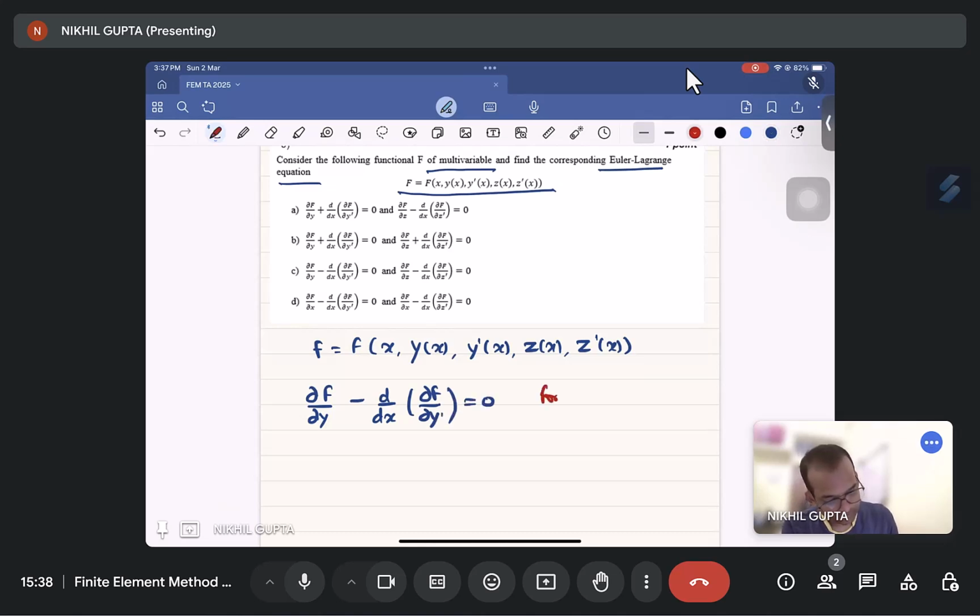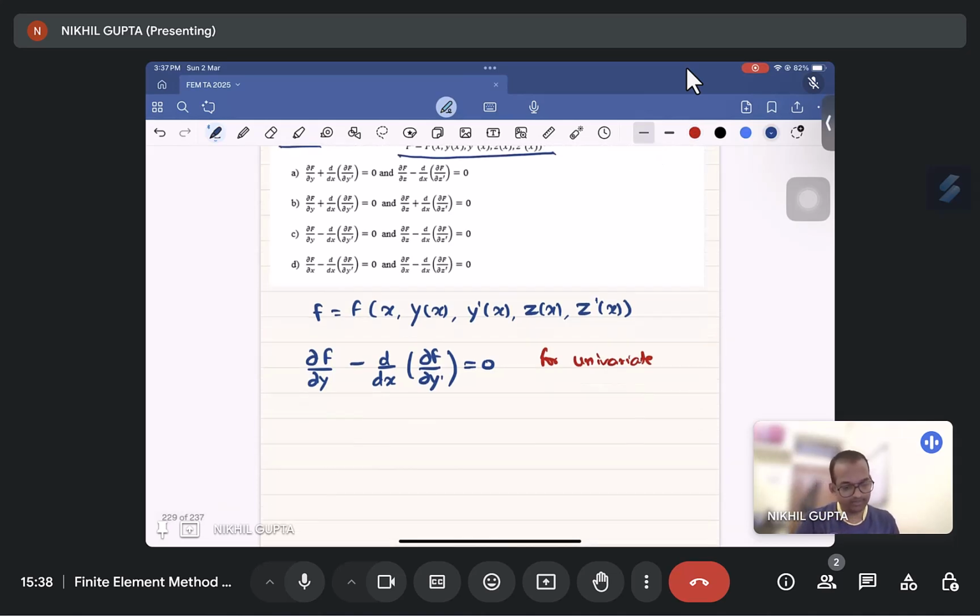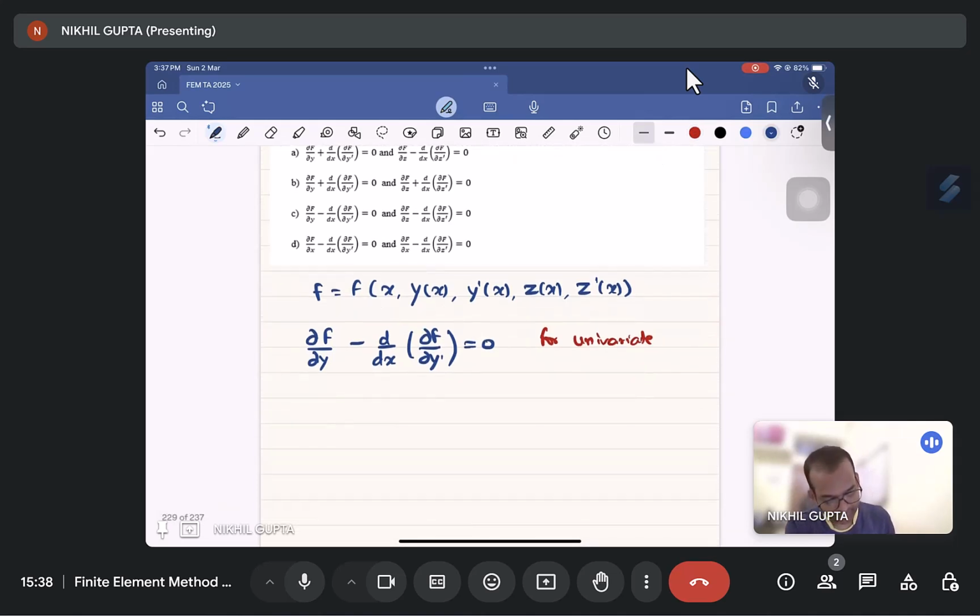Now as the number of dependent terms increases, we need to write these equations for each variable: del f by del yn minus d by dx of del f by del yn dash equals 0.